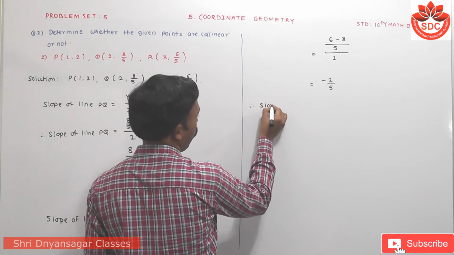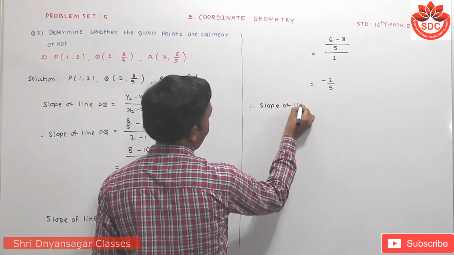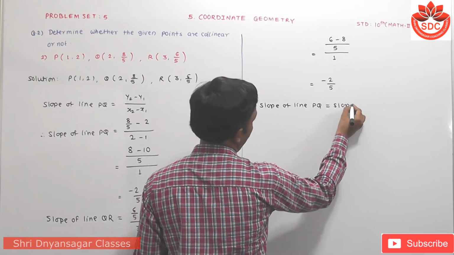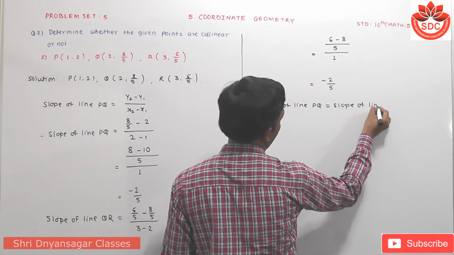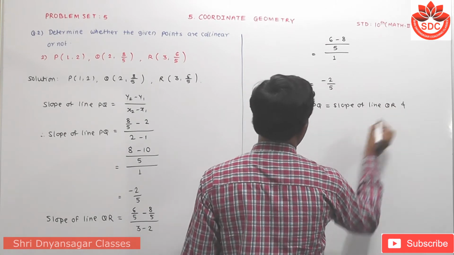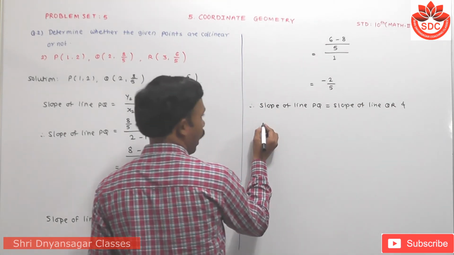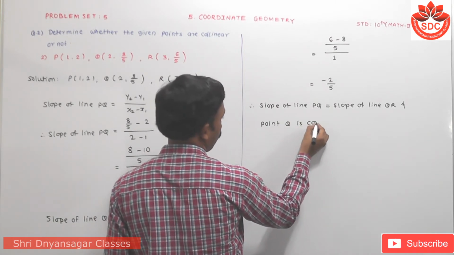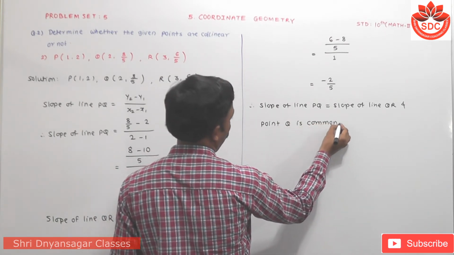So I have to write here slope of line PQ is equal to slope of line QR, and point Q is the common point.